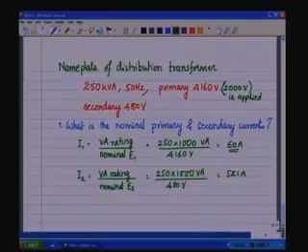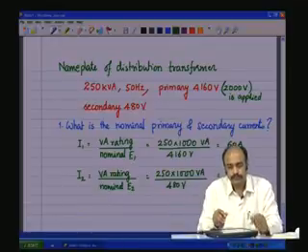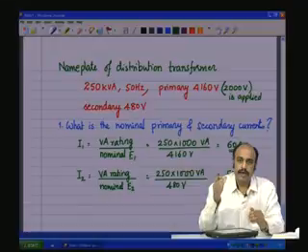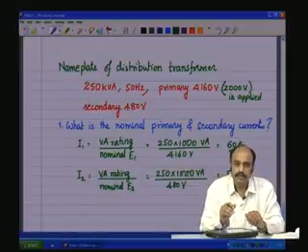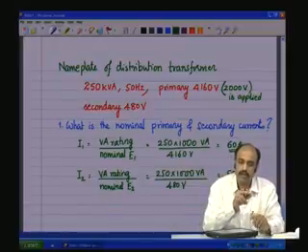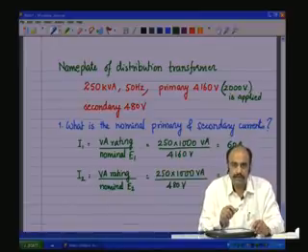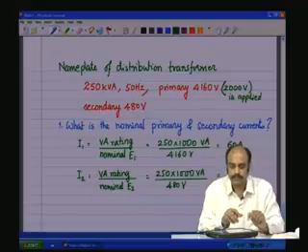Now, if we take the transformer, we are applying a voltage which is lesser than the primary rating, which means the volt-second is smaller for the same frequency, which means the operating point in the BH curve is going to be smaller. So, a smaller BH loop is going to be traversed, and therefore, the transformer is going to run cooler.